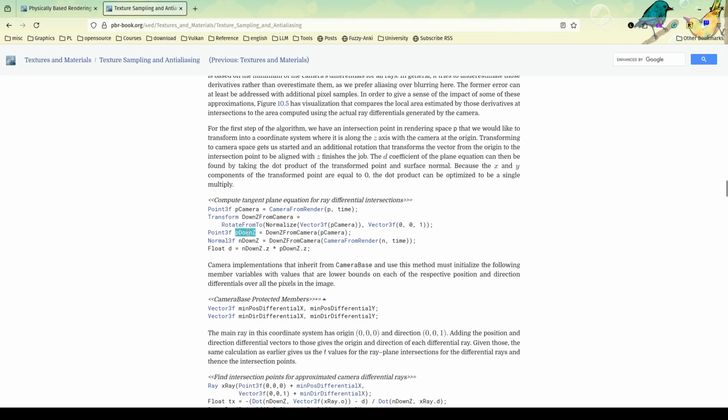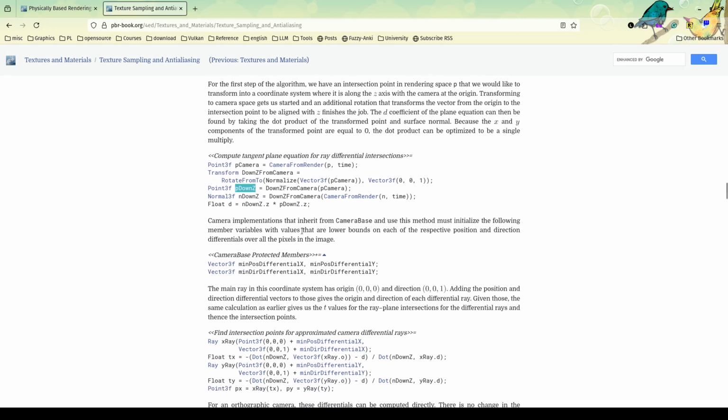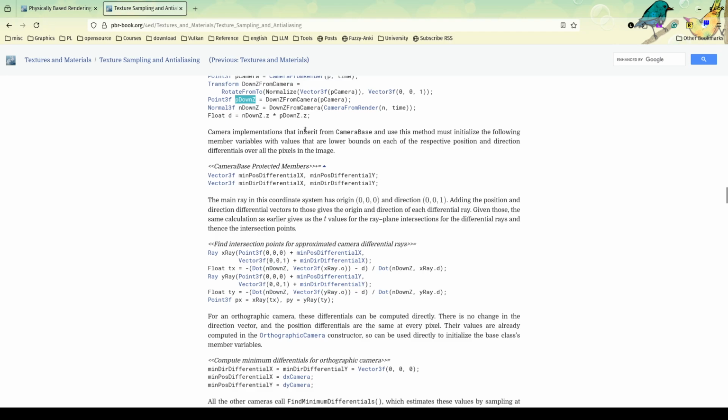Shouldn't this just be 0, 0, 1? Anyway, yeah, also we transform the normal.